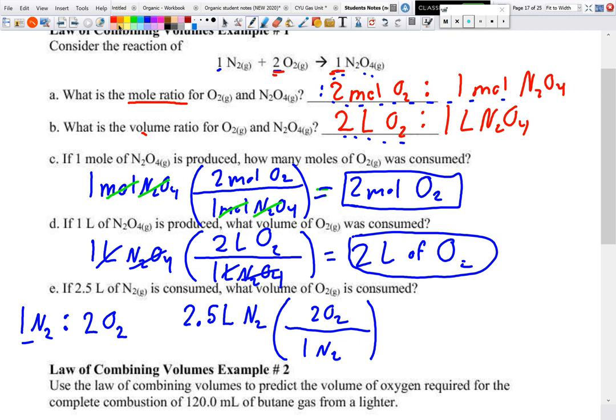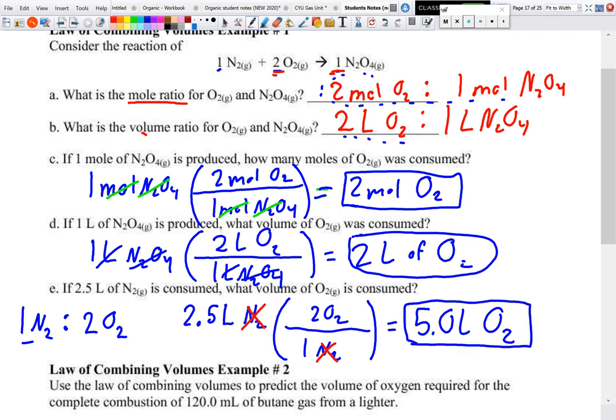We will notice that nitrogens cancel out, and what we are left with is equal to 5.0 liters of oxygen is also consumed. So as you can tell, we need to have our balanced chemical equation first, and then we can apply that into any other example that we have.